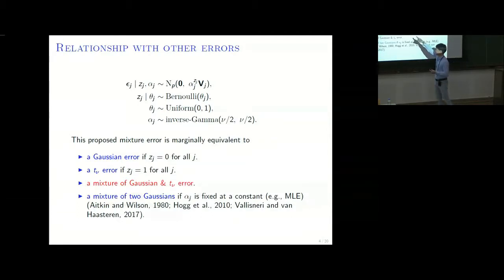Also, this proposed error reduces to the mixture of Gaussian and T error. And finally, this mixture error reduces to a mixture of two Gaussian errors with different variances if this auxiliary variable alpha j is fixed at a constant, or maximum likelihood estimate.